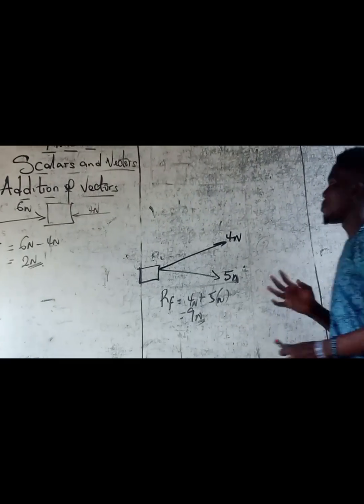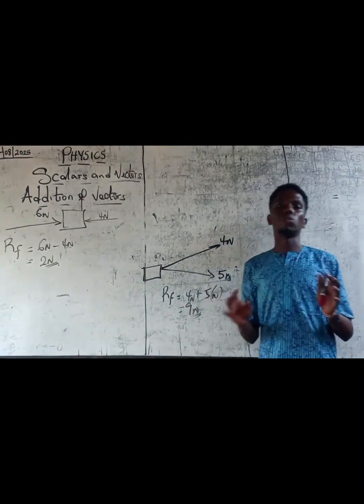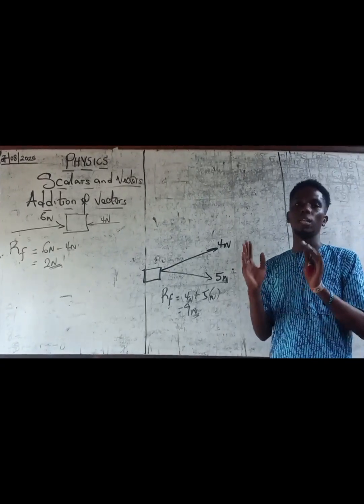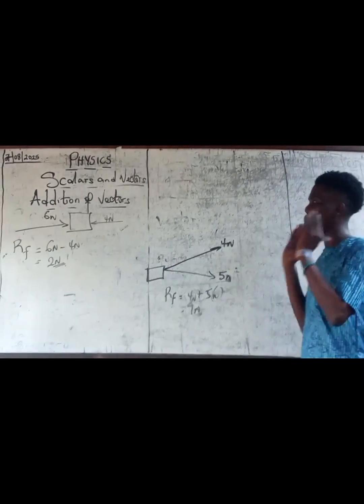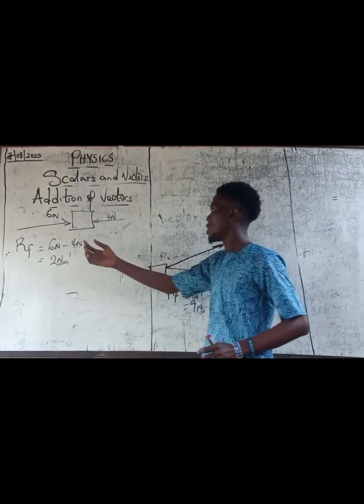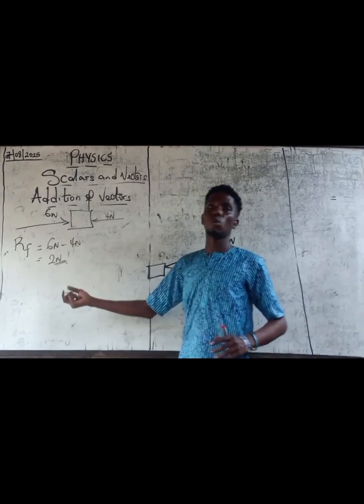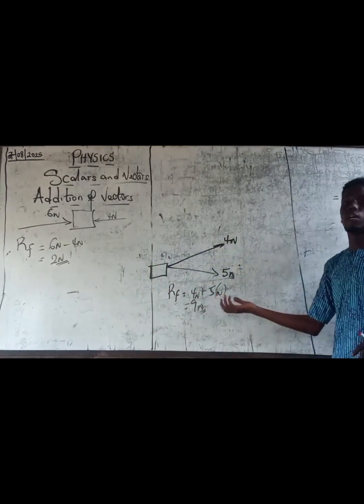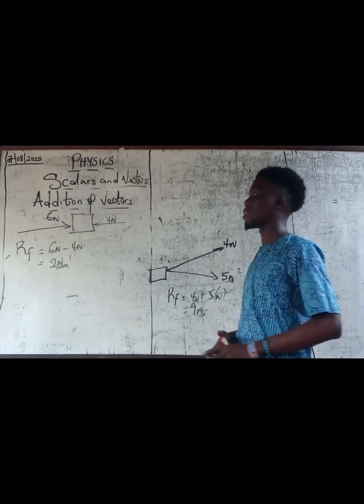So what I'm trying to establish here is that to get the resultant vector, there is no specific formula, because it depends on the question. In the context of the previous question, the resultant force was gotten by subtracting the two, but in this one, it was gotten by adding them. So that's what I want to establish.